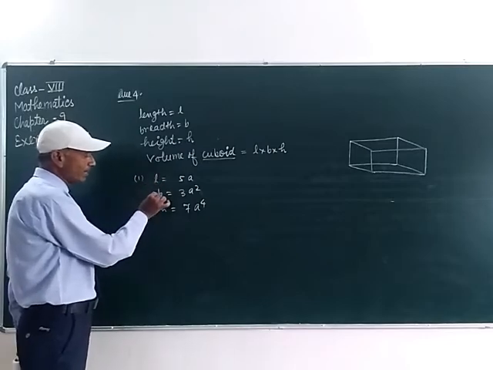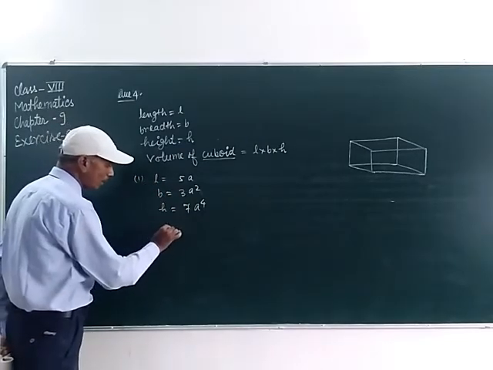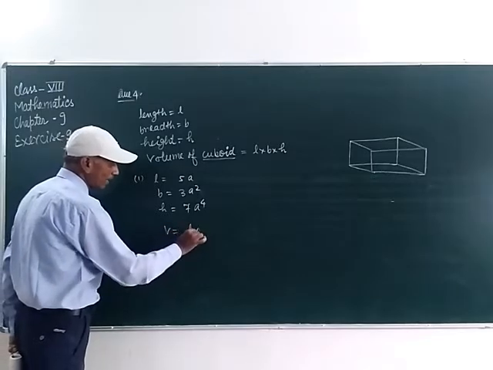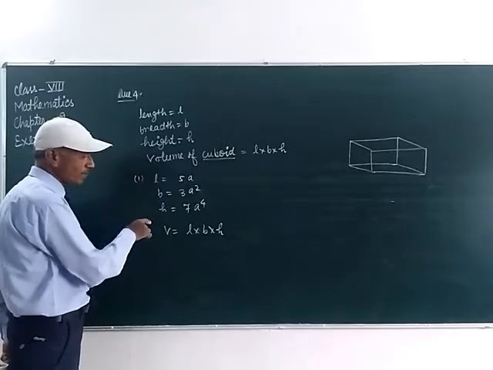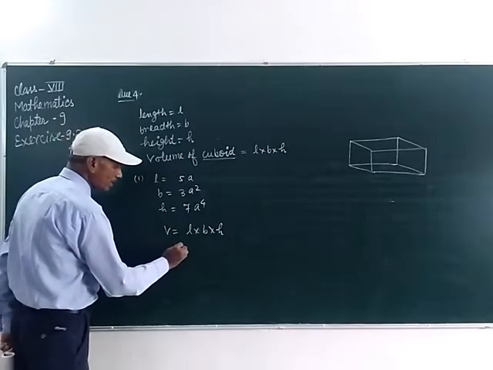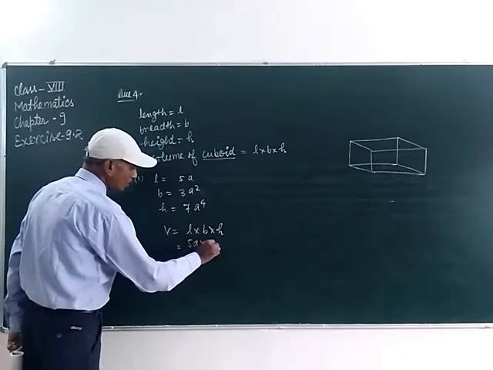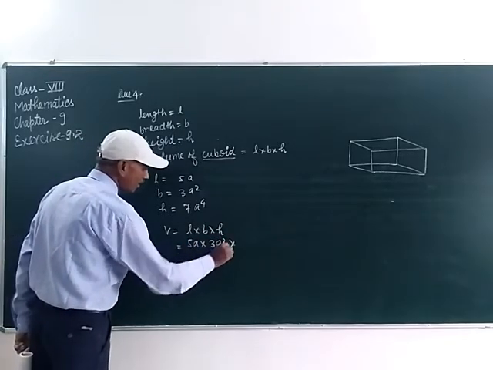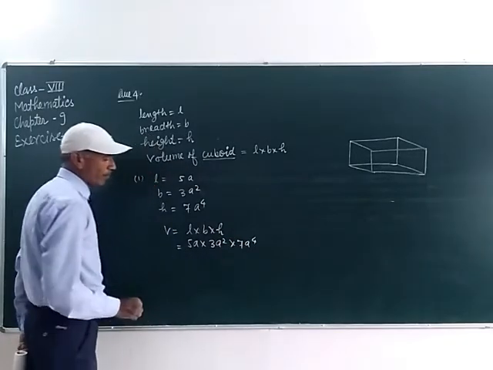Now length, width and height of the rectangular box is given here, student. So volume is equal to L into B into H. This one is the first part. So in this it will be 5a into 3a square into 7a to the power 4.